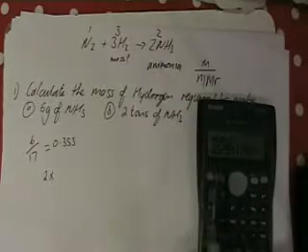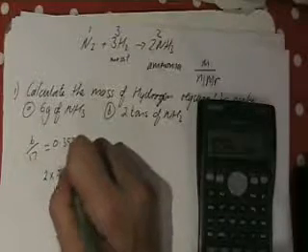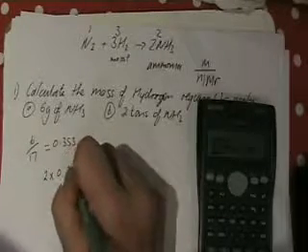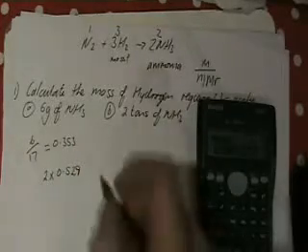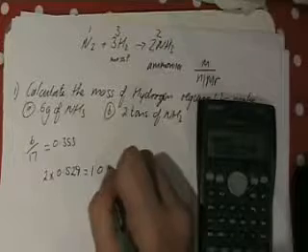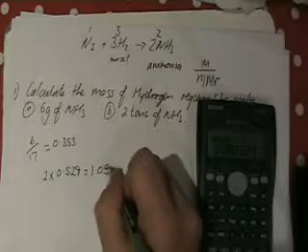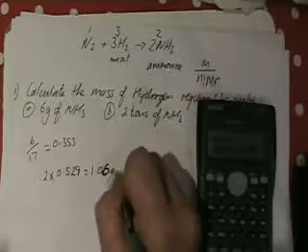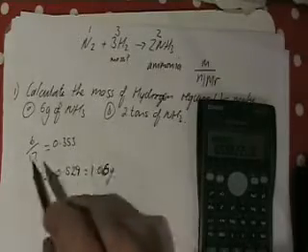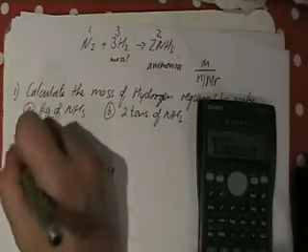So it's 2 multiplied by 0.529, which is 1.06 grams of hydrogen. That's for part A.